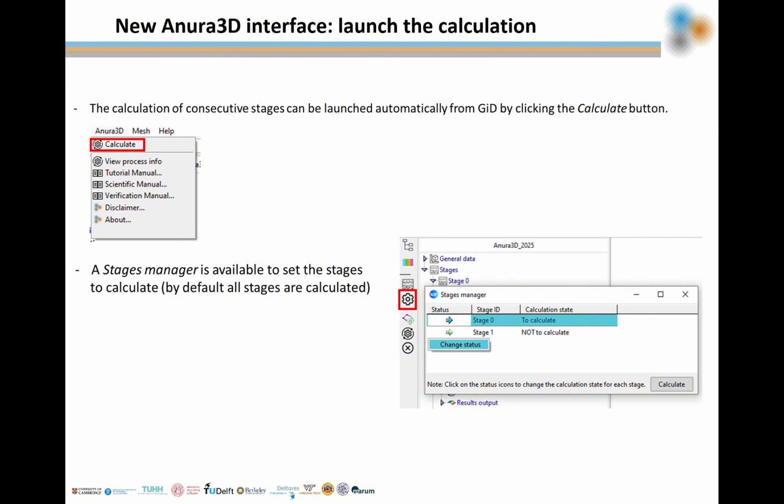Launching simulation has been improved. Consecutive calculation stages can be launched automatically from GID. The Stages Manager allows users to select specific stages of computation. An error file, .err, is generated at the end of each load step for debugging.